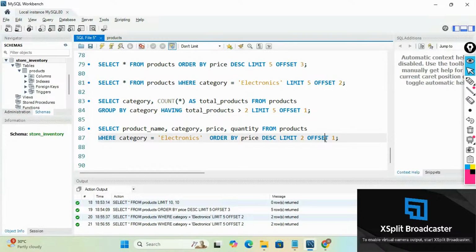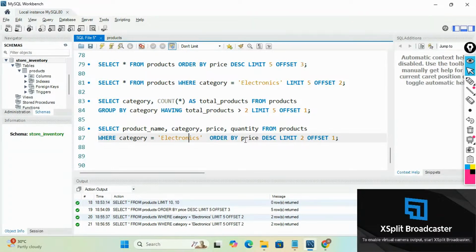Okay, so that's how the order executes. Now that you understand this, we'll try to understand this query as well, and then we'll conclude the session. Initially, the data gets filtered based on the category electronics, so only the products which are part of electronics will be filtered out.